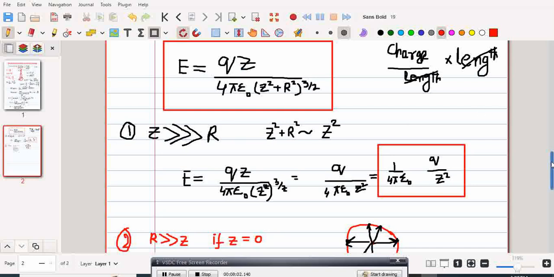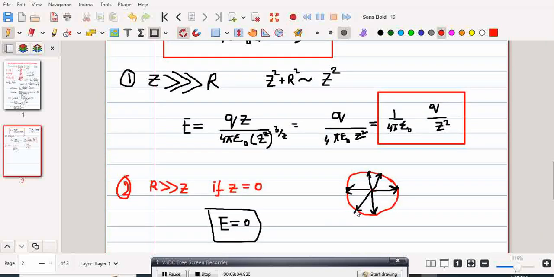And physically if we check it, if we take a point here and let's suppose this is a negatively charged ring, then for this point, the electric field at the center will be directed away here, and if we take another point here opposite to this, then the electric field due to that point will be directed this way.